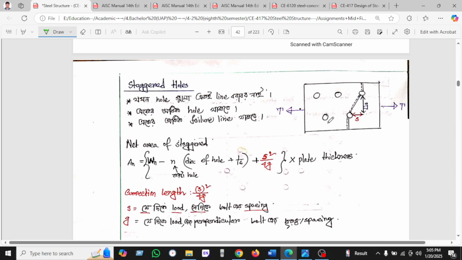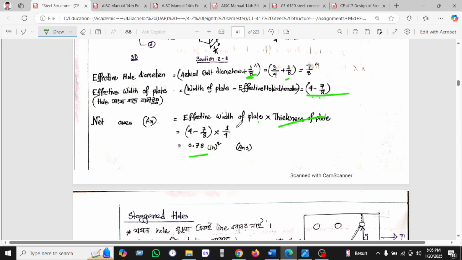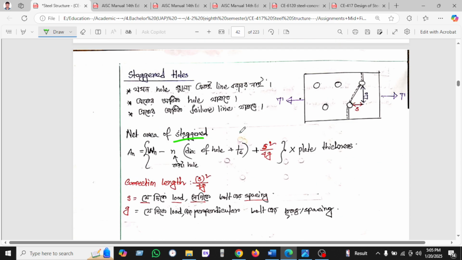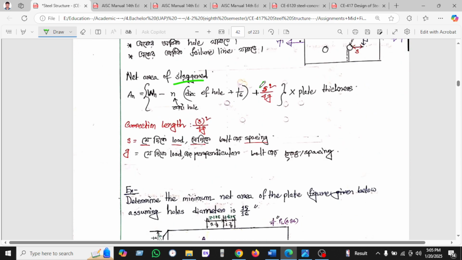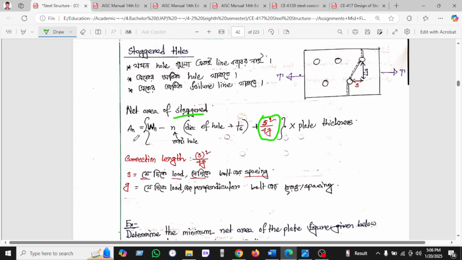So how will we calculate the net area of staggered holes? It is nothing but the same as the previous dimensions, but one portion will be added, which is s squared divided by 4g. So how do we see it? We know the net area is Wn, which is width minus n, where n is how many holes occur, times the diameter of the hole. We have taken the diameter of the hole plus 1/16.